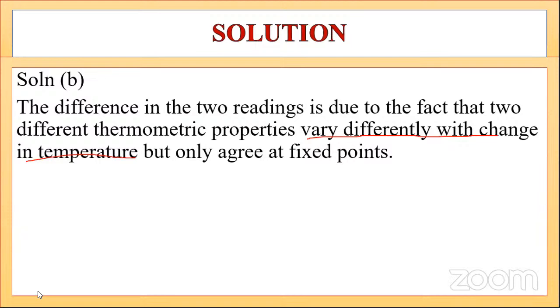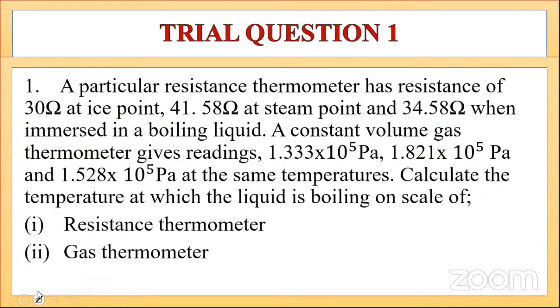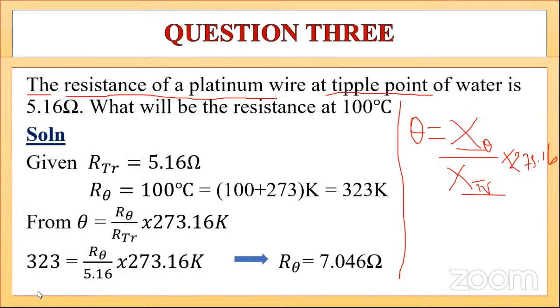If that is the case, in this question we have the resistance of the platinum wire at triple point. So that directly becomes X T equals R at triple point, which is 5.16 ohms.